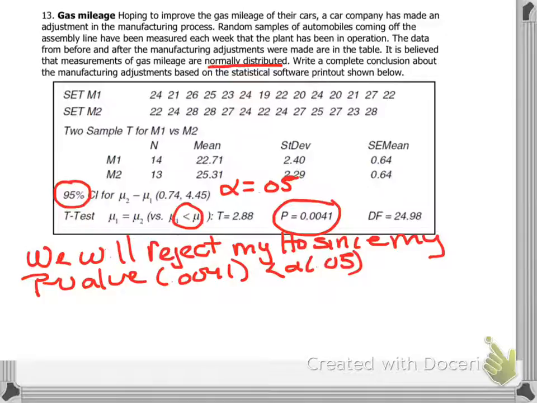So they made an adjustment in their manufacturing process, correct? The data before adjustments were made is in a table.